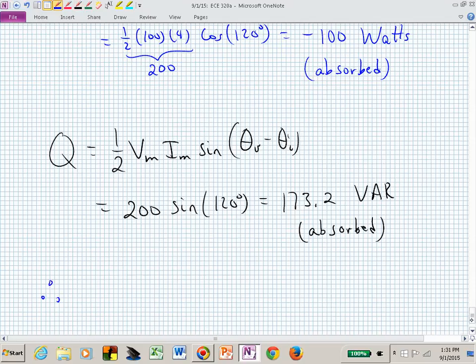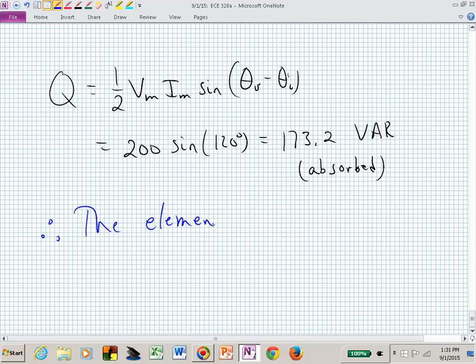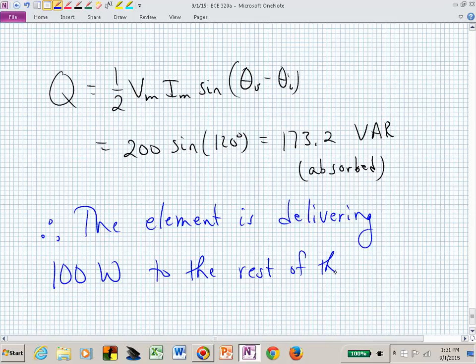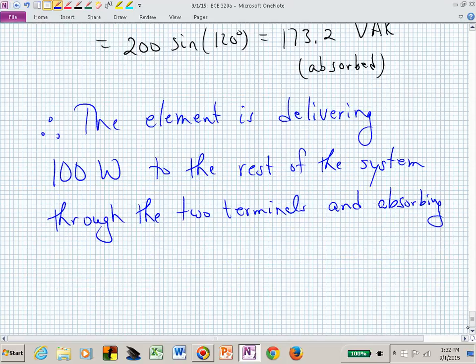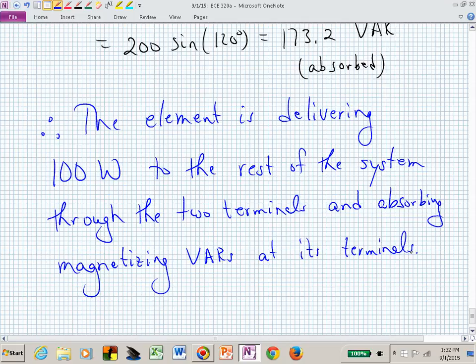Which now says that for that two-terminal element, if I write this in a sentence, the element is delivering 100 watts to the rest of the system, whatever is connected to those two terminals, and absorbing, since it was positive, magnetizing VARs at its terminals.